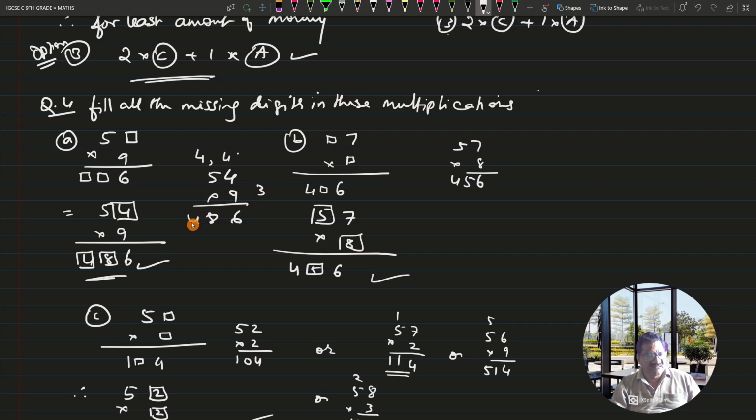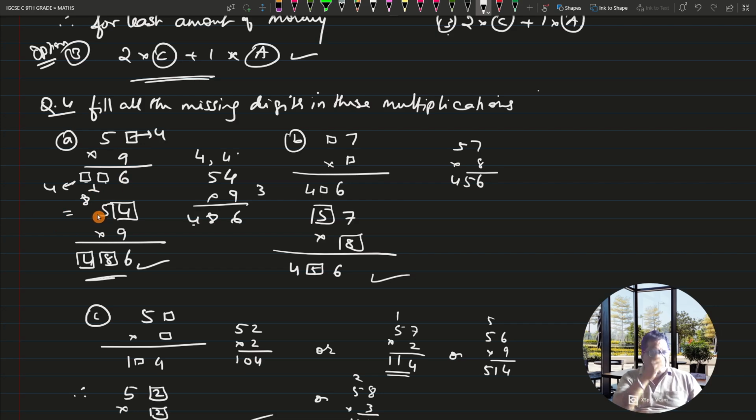So now the numbers I can put in the boxes are 4 and 8. Here I'll put 4, here I'll put 8. So all boxes, my values I have put.